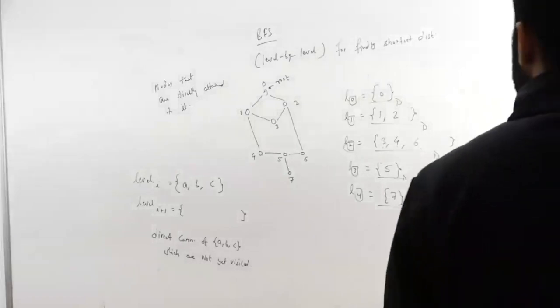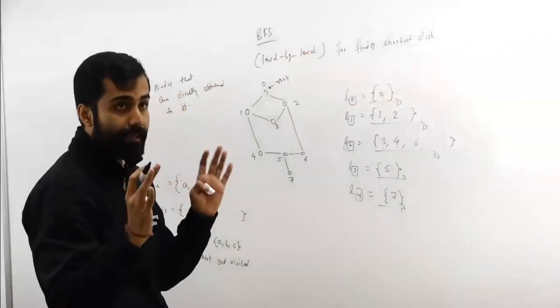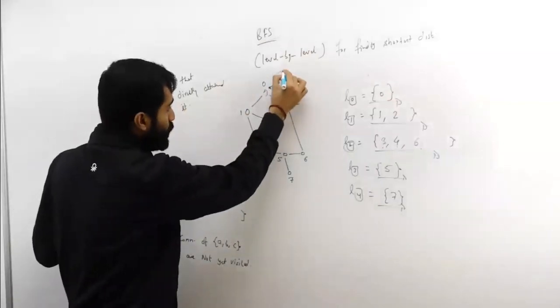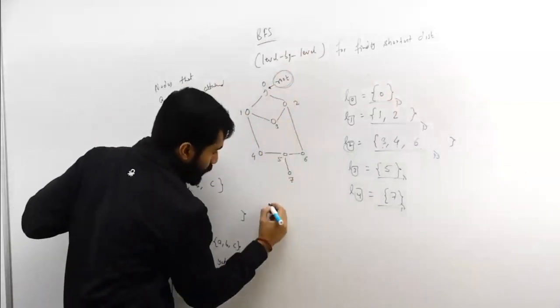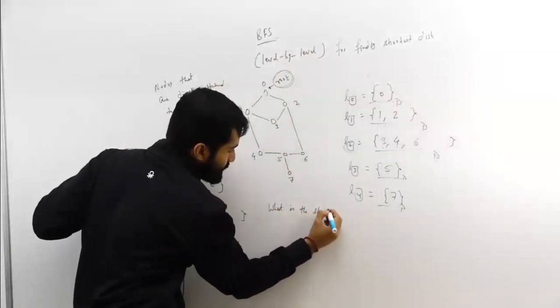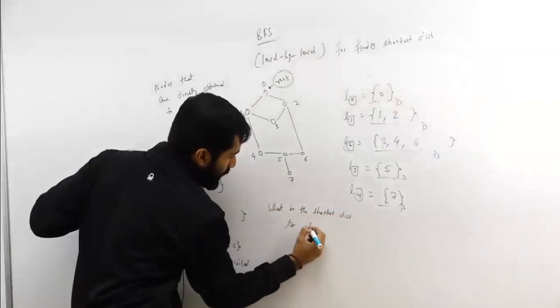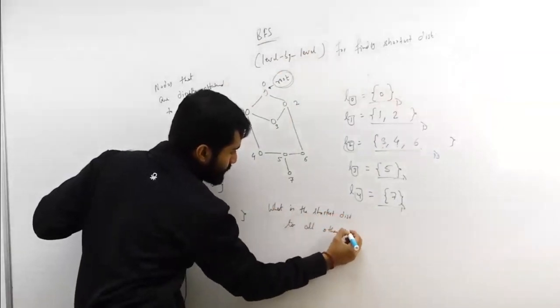So I can say that using level order traversal, I can very easily compute, for a given root, what is the shortest distance to all other nodes.